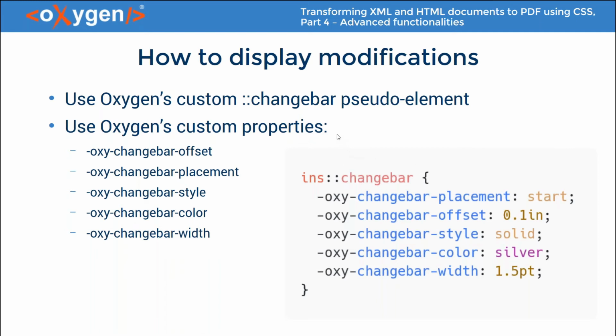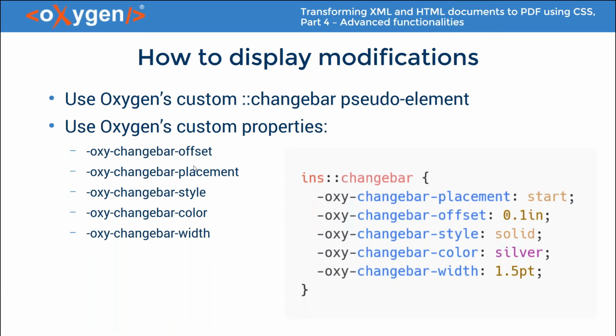So in my case, to create a change bar, I have to use Oxygen's new custom pseudo element, which is called change bar, in combination with this list of custom properties, which allow me to set an offset, which is the distance in the margin between the margin and the text of my change bar.